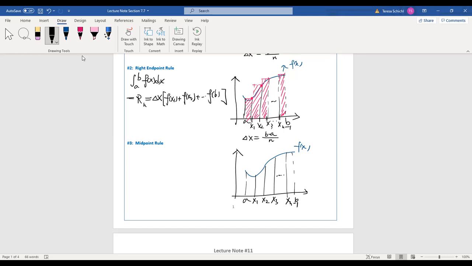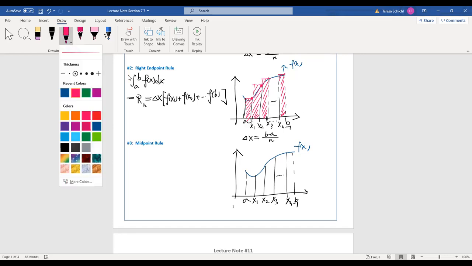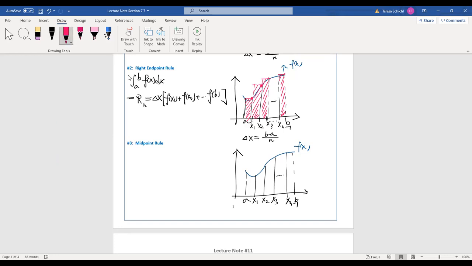So what is the midpoint rule? Let me color that for you. The middle point of A and x1 here, right? This is the midpoint, and it touches the curve here, so I use this to draw the rectangle.